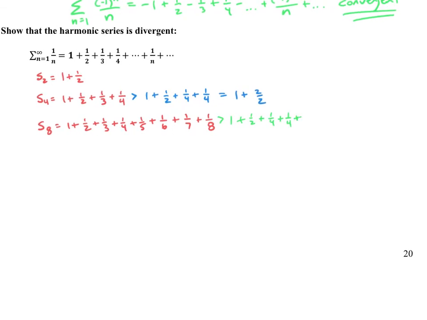But then I'm going to add 1/8 and 1/8 and 1/8 and 1/8. So instead of adding the value of 1/5, 1/6, 1/7, and then 1/8, I'm just going to compare each of these 3 to 1/8. Now clearly 1/8 is smaller than 1/5, 1/6, 1/7, and so therefore the inequality holds true.